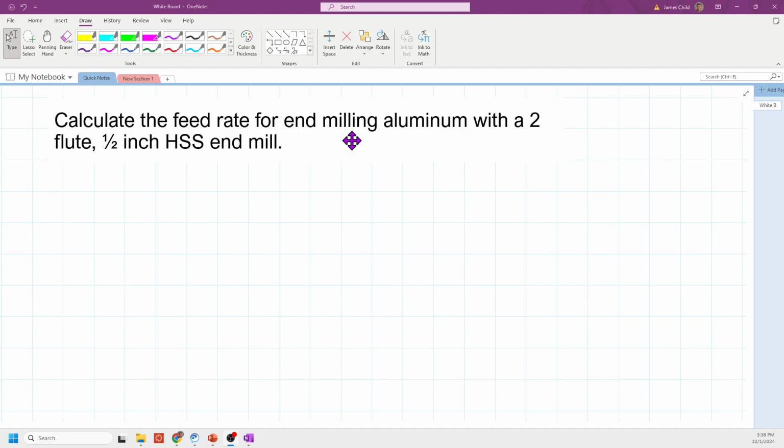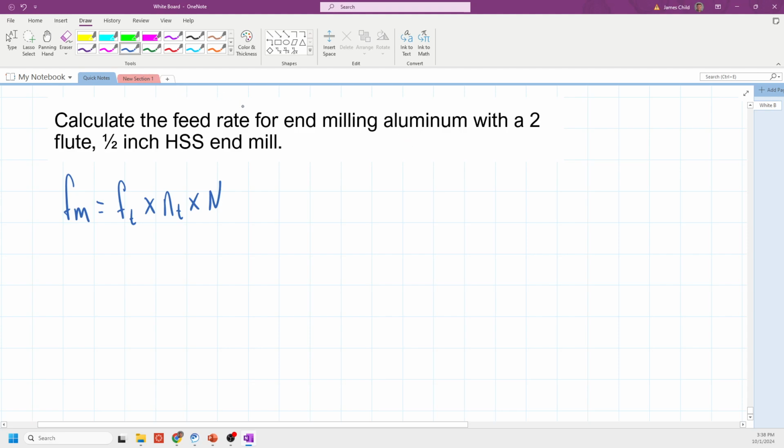Now our formula was F sub m is equal to F sub t times N sub t times capital N, which is our spindle speed.